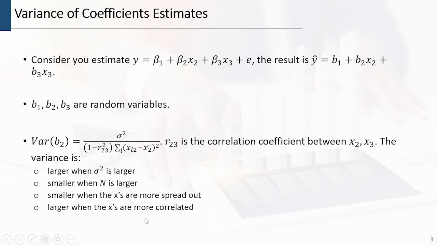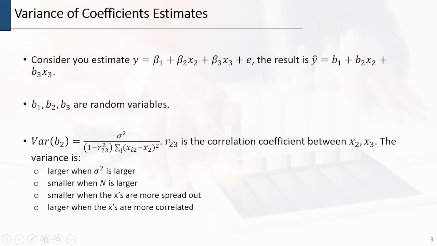From an intuition point of view, when x2 and x3 are more correlated, it's a little bit harder to see how much each of them explains the movement of y. In particular, when we study the later part of the chapter, you will also see that when R23 is equal to 1, which means x2 and x3 are perfectly correlated, that will make a big problem for your estimation.